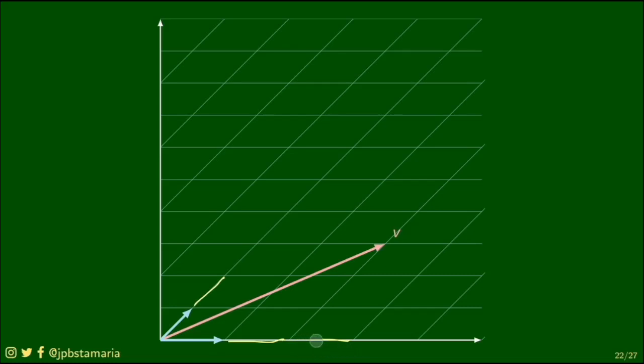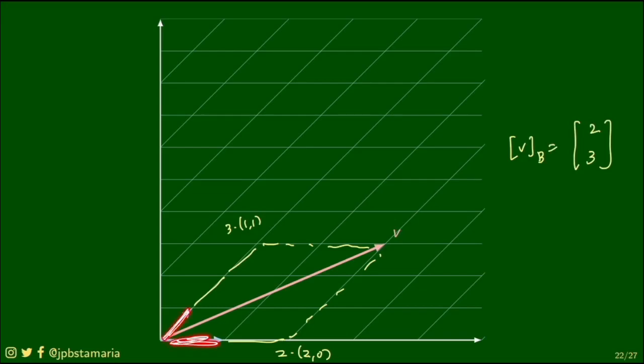We only need 2 times (2, 0), and we need 3 times (1, 1) to get a sum equal to V. In other words, this is 2, this is 3. This is why the coordinate of V relative to the basis B is (2, 3). You need 2 of this and 3 of those to get a sum equal to V. So in this new coordinate system, the coordinate of the same vector V changes to (2, 3).